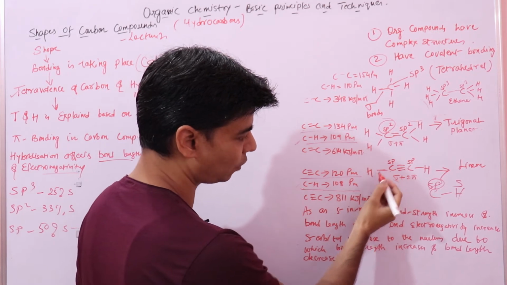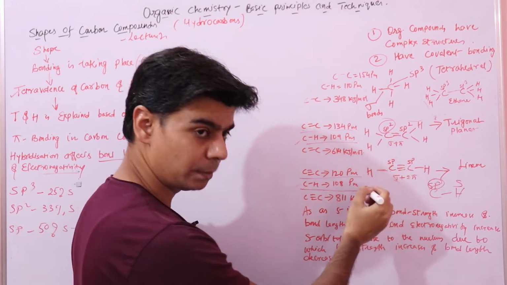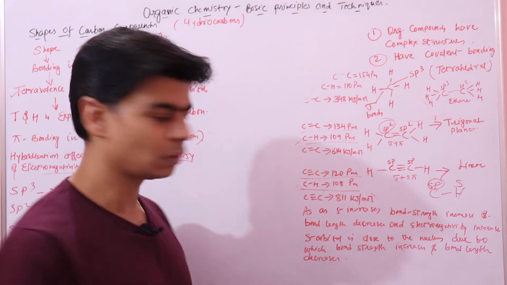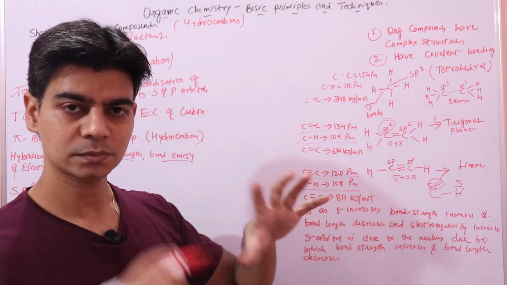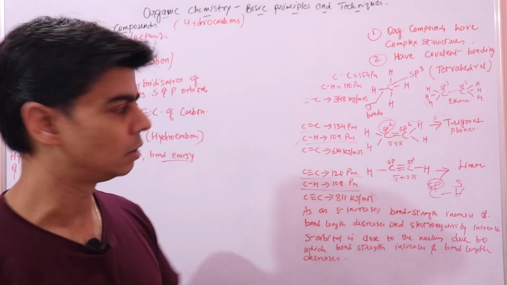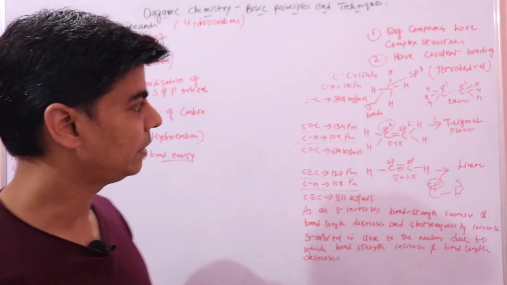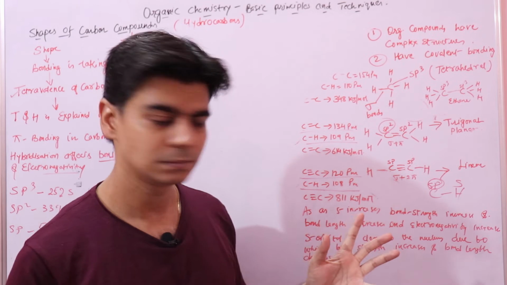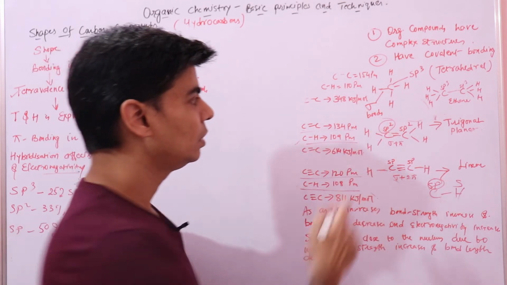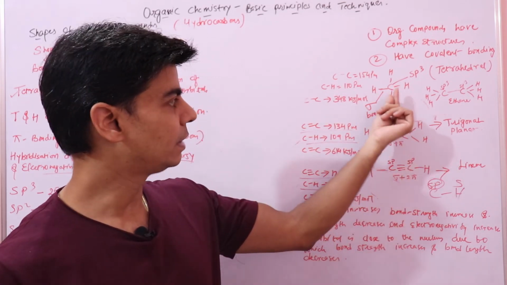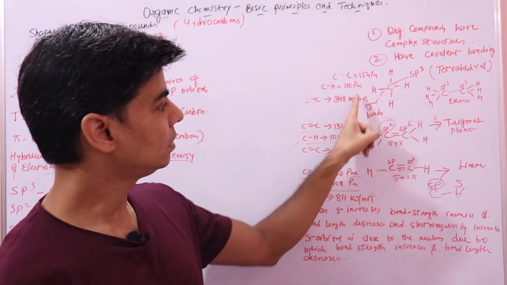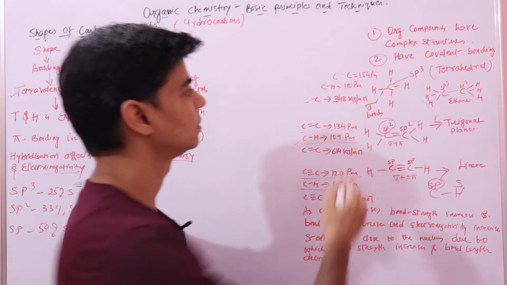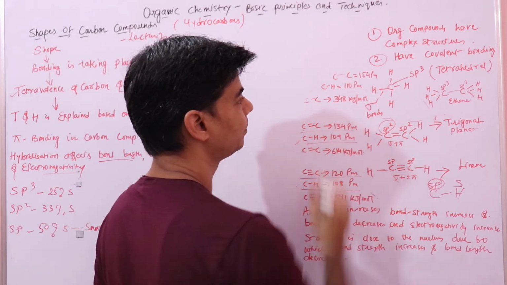Because this bond is formed by overlapping of the sp orbital and the 1s orbital of the hydrogen atom, that makes this bond smaller. If you look at this sp3 hybrid orbital, this is bigger among all these 3. So the bond that it will make with the 1s orbital of the hydrogen atom by overlapping would be the biggest. It is 110 pm.